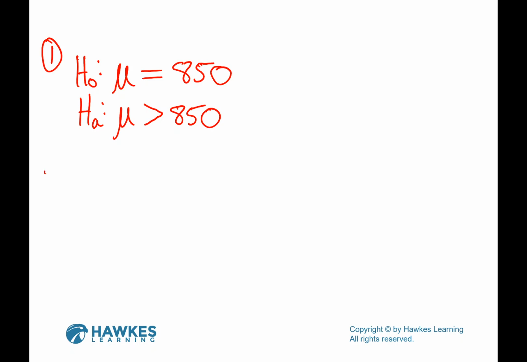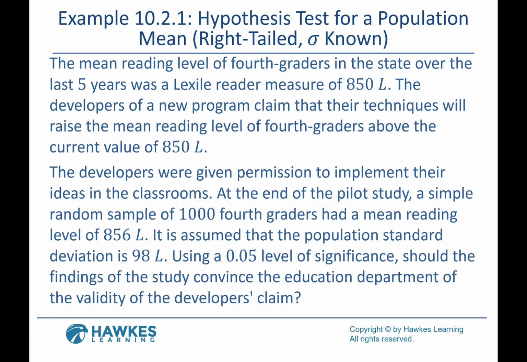Okay. Step two, we need to figure out which formula to use for our test statistic. Right now, that's really easy because we only have one. But let's talk about why we're using the one we're using. The parameter we're dealing with here is a mean, so we want one that deals with means.